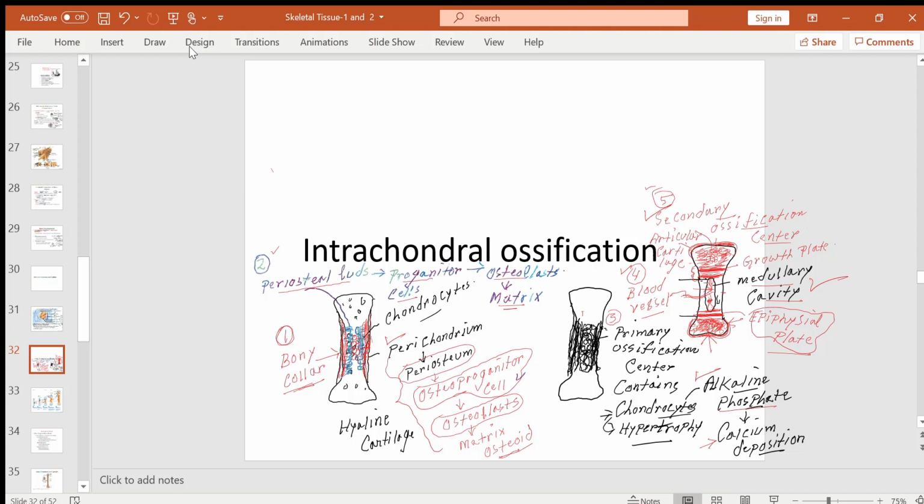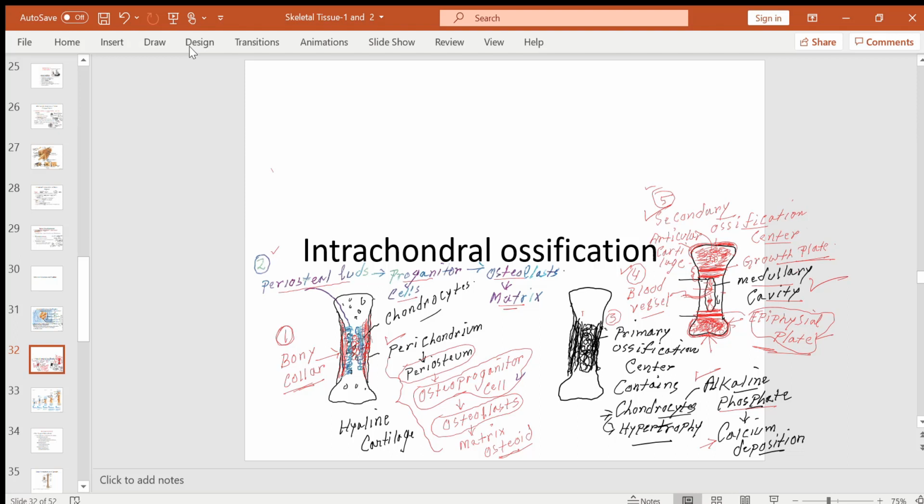The space between the primary and secondary parts, the shaft and the ends, is called the growth plate. That will gradually get thin and finally remain as a thin plate of cartilage, called the epiphyseal plate. From outside the bone you will see just a line, called the epiphyseal line, and inside is the cartilaginous plate.